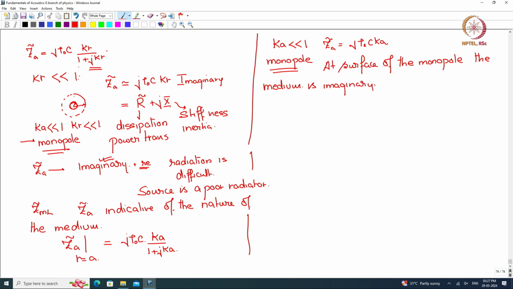And so, no transfer of power. I am not able to transfer power, is what it says. That means an inefficient radiator.